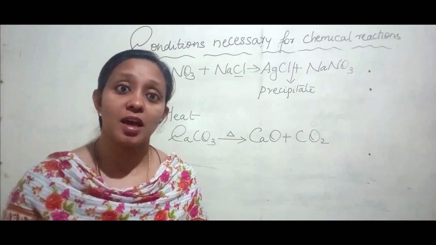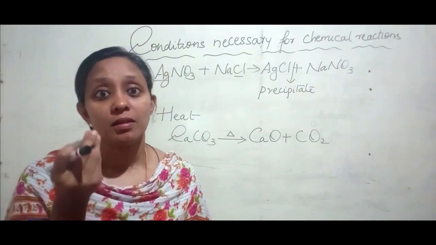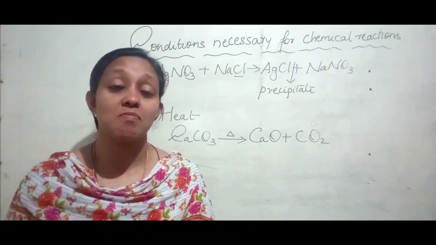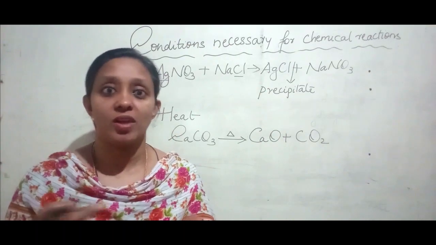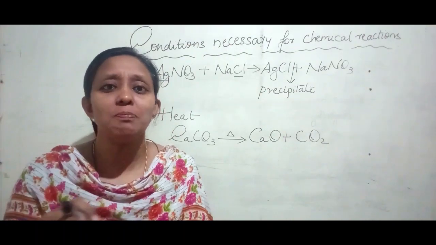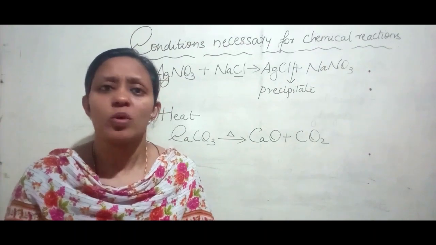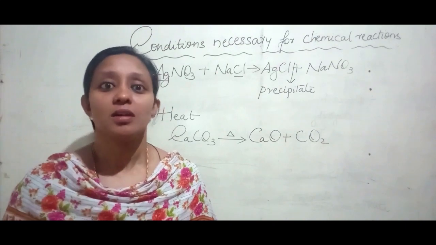Iron powder is a brown colored substance, and when it is mixed with yellow colored sulfur powder, the mixture remains as it is without any chemical reaction. Let's watch a video.